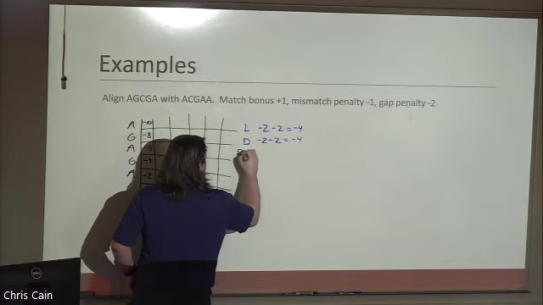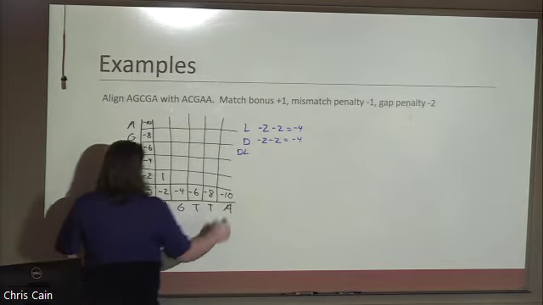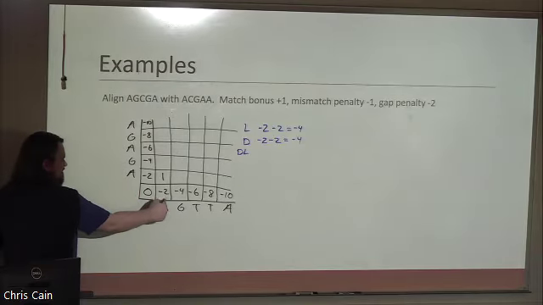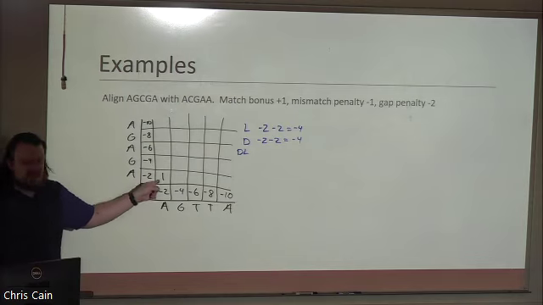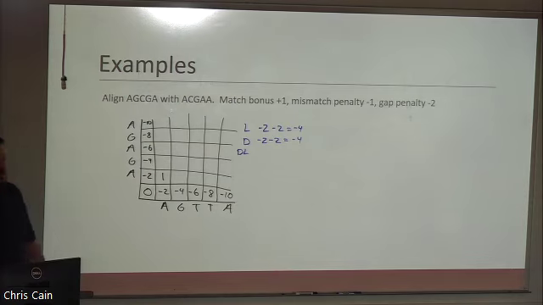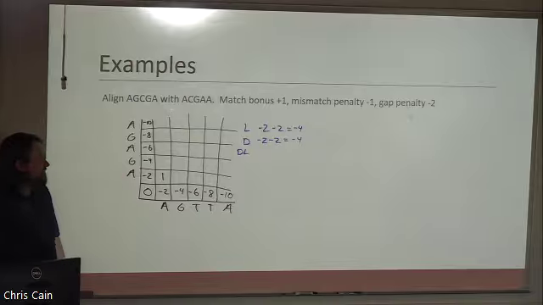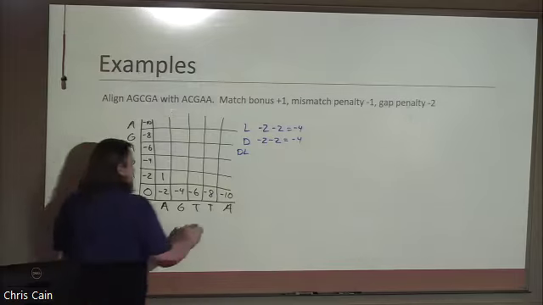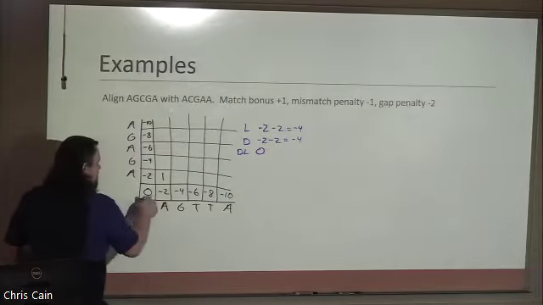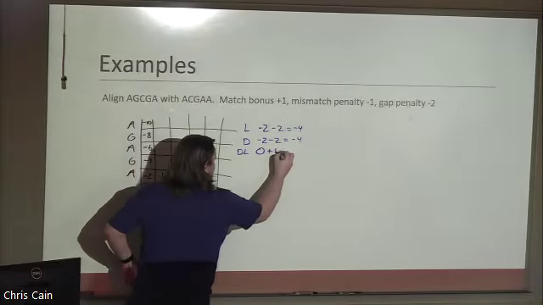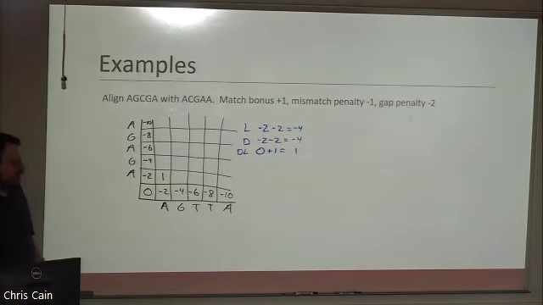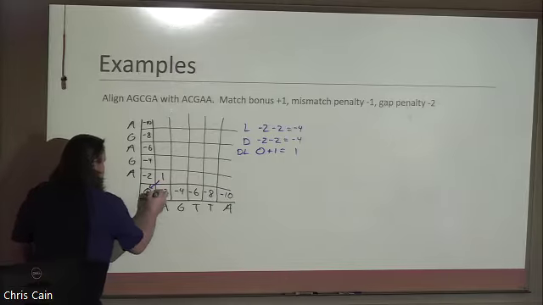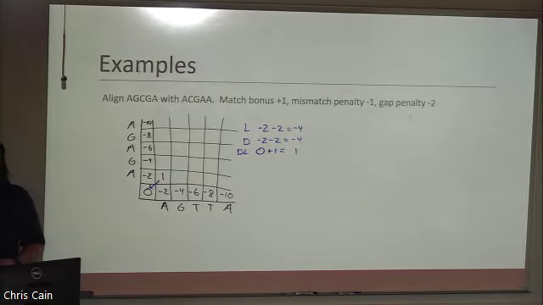And coming from down left on the diagonal, we have 0 plus the match or mismatch. So there are 2 different ways that we can make this calculation. It's a +1 if the characters match, A and A match. It's a -1 if the characters do not match. So we're going to take the down left value that is 0 and add 1, giving us 1. We take the maximum of these 3 values. We find that it's the 1, and we want to place a back tracing arrow to the cell that we came from.